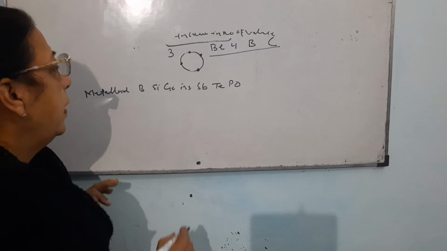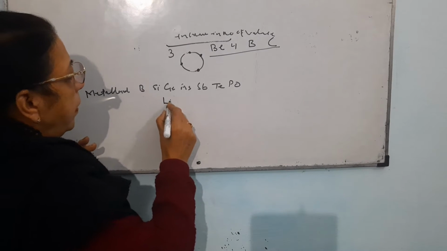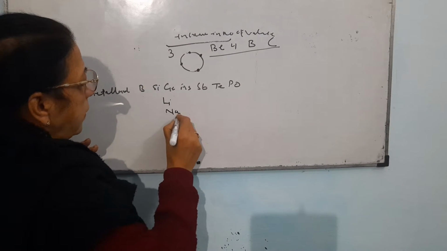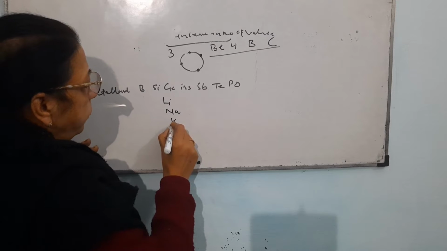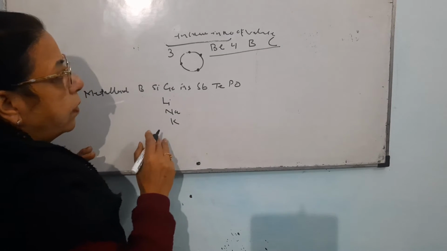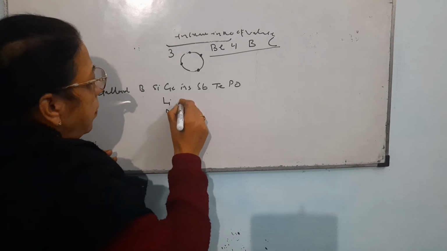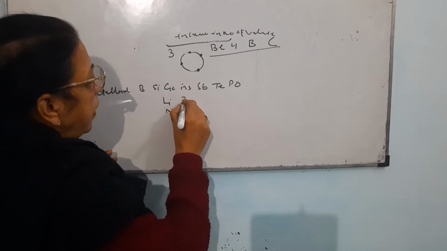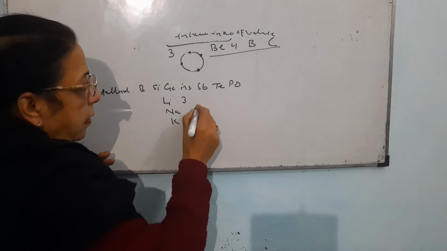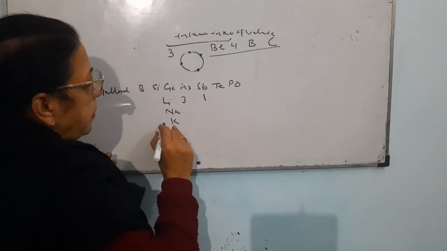When we move in a group, the number of valence electrons remains the same, that is, the number of electrons present in the outermost shell remains the same. For example, lithium has atomic number 3 and 1 valence electron.